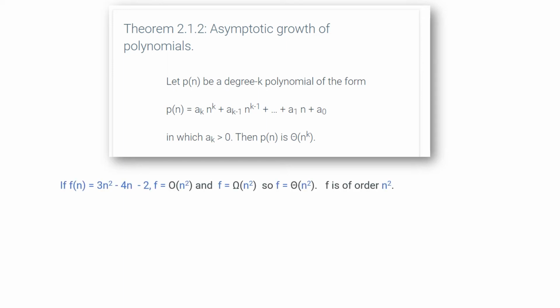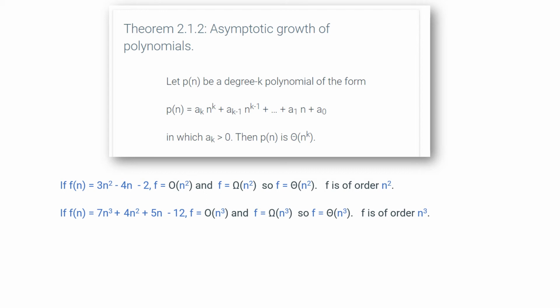So here we go. If f is equal to 3n squared minus 4n minus 2, then we've already learned that f is O of n squared, and we've also learned that f is omega of n squared, so we can say that f is theta of n squared. Another way we would say that is f is of order n squared. Here we've got this function. We know that f would be O of n to the third.